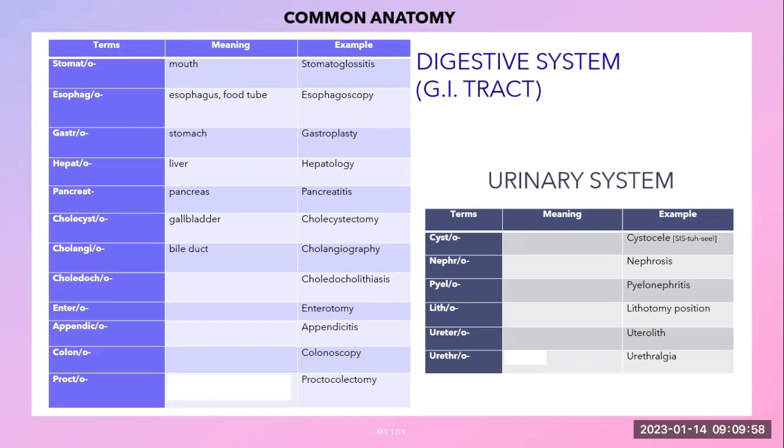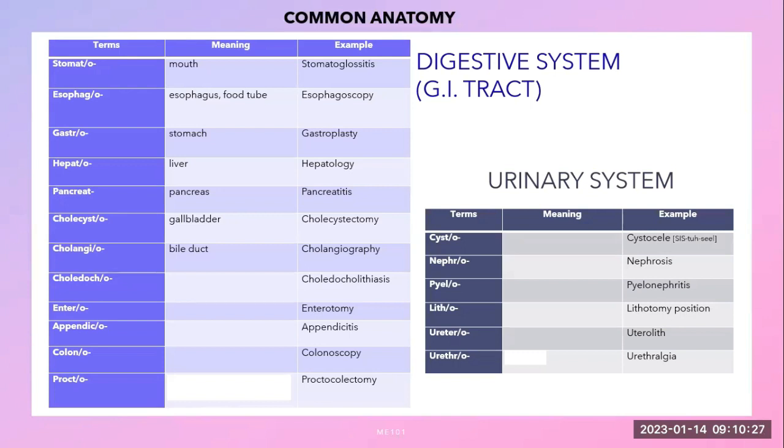So cholangitis, okay. This word is very similar to cholecyst and related to it, so just be careful when you put the word in. Can anyone talk about cholangiography? What does it mean? Cholangiography means taking a photo of the bile duct.